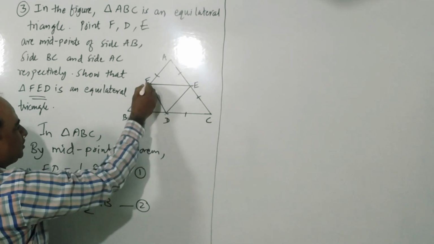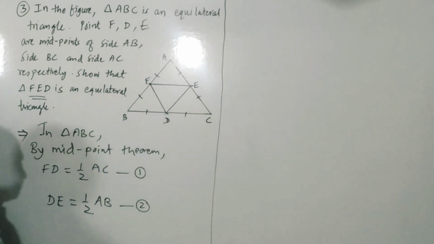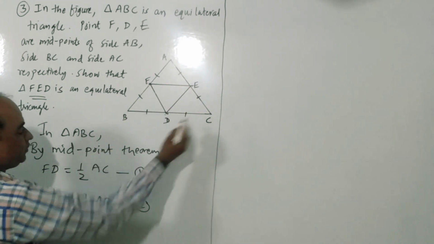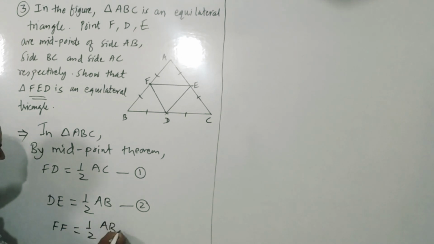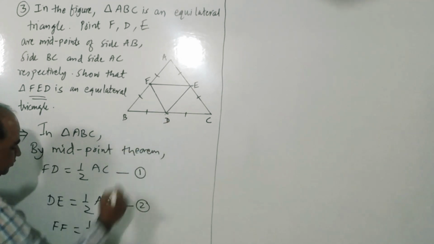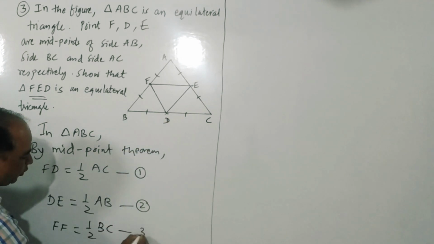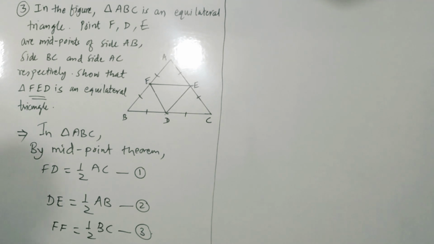Therefore, the length of the segment joining the midpoints of two sides of a triangle is half the length of the parallel side, that is FE is 1 half of BC by the midpoint theorem. So by the midpoint theorem we get the three statements.